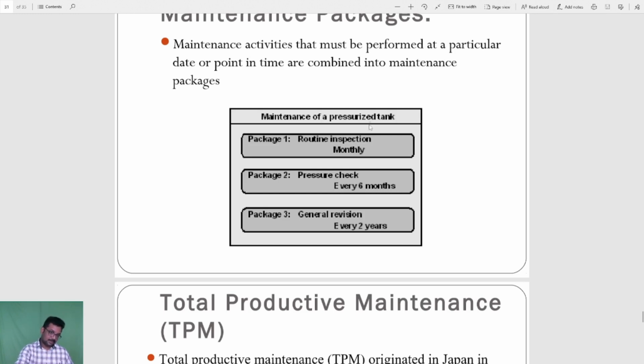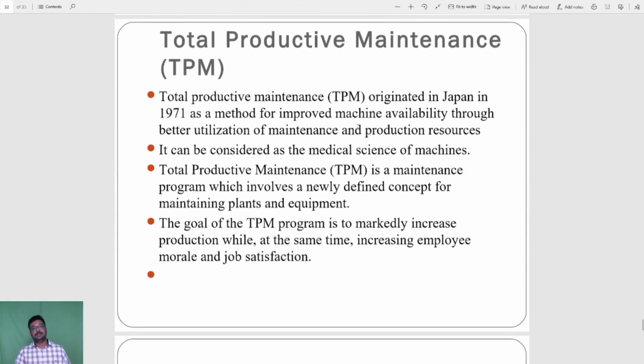Then the last topic of our presentation is total productive maintenance (TPM). You may have heard the word TPM, which was originally developed by a company. It considers the components involved in the maintenance program, and it takes care of all the small moving components as well as the small electrical components present inside an industry.